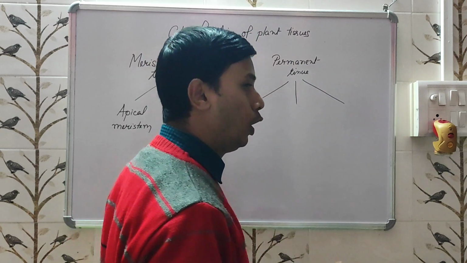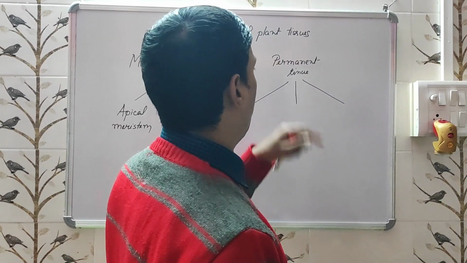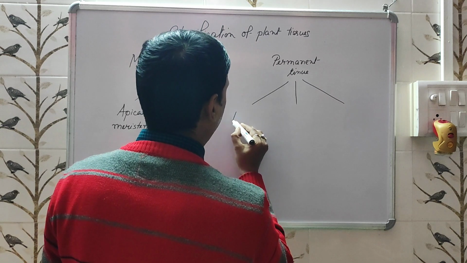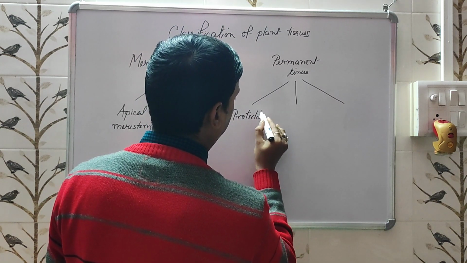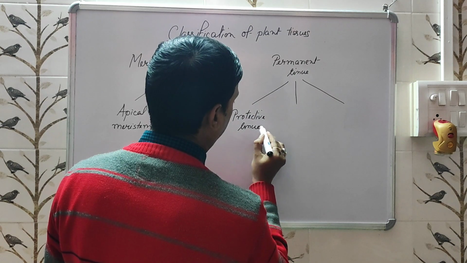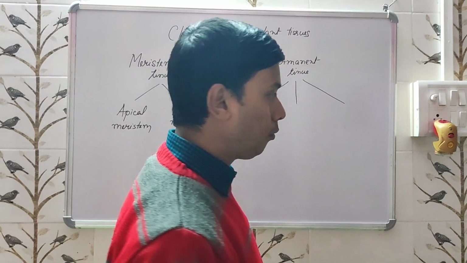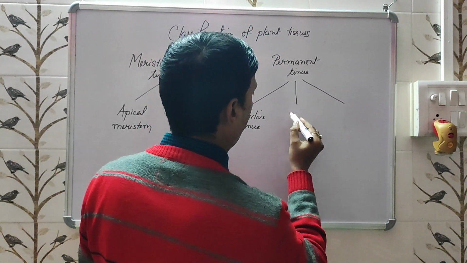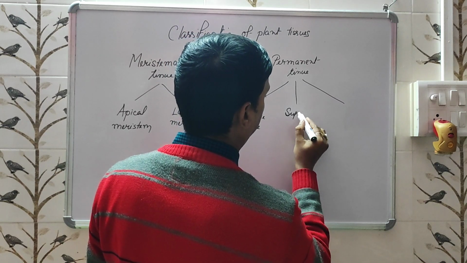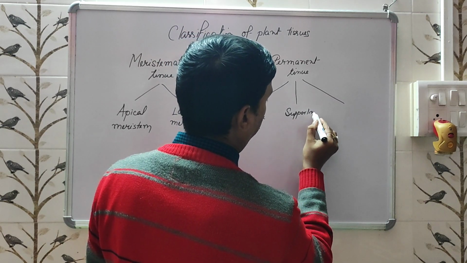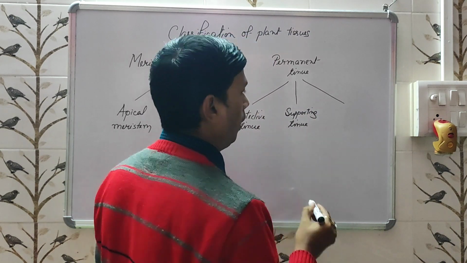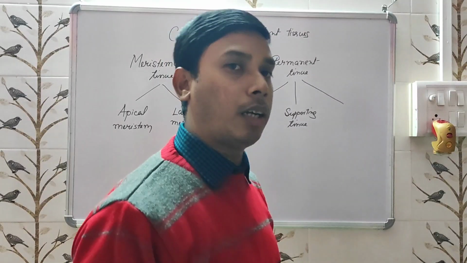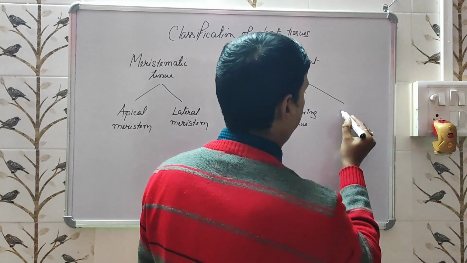One is protective tissue, another type is supporting tissue, and the third type is called conductive or conducting tissue.